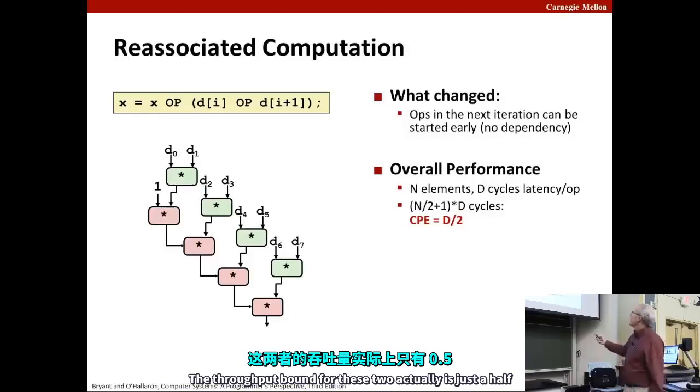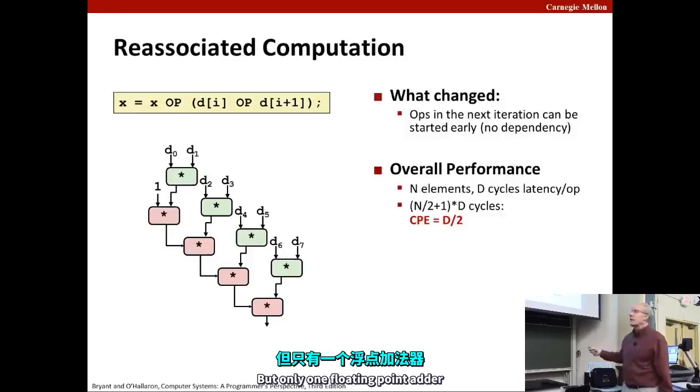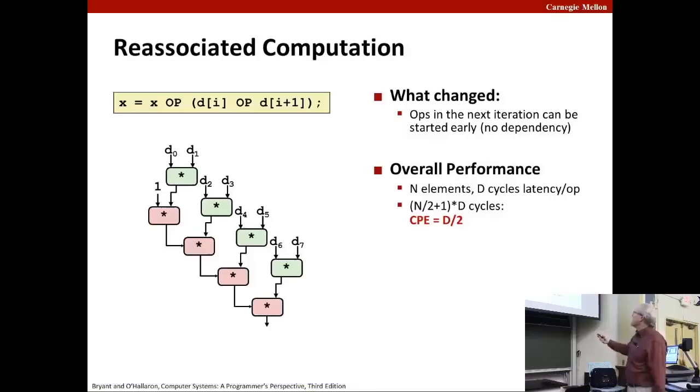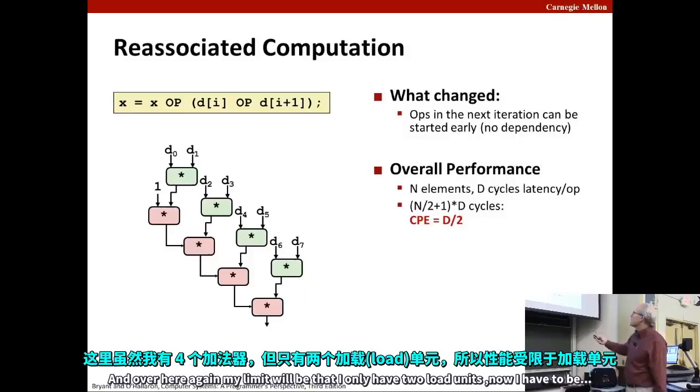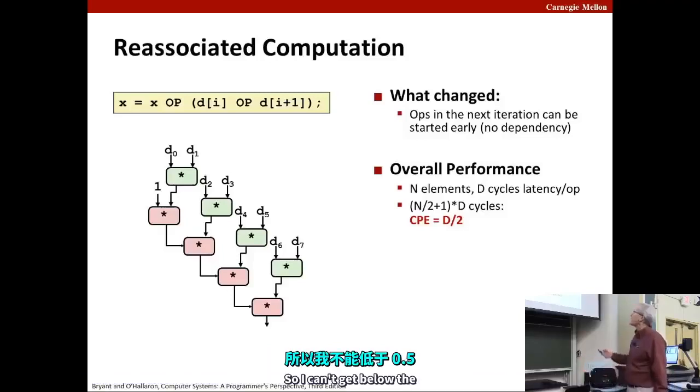The throughput bound for these 2 is actually just a half, because there's some odd part of the hardware design that has 2 floating point multipliers, but only 1 floating point adder. And we'll see that we can actually make this multiplication code run faster than addition code. And over here, again, my limit will be that I only have 2 load units, and I have to read 1 element from memory for every element I'm computing, so I can't get below that.